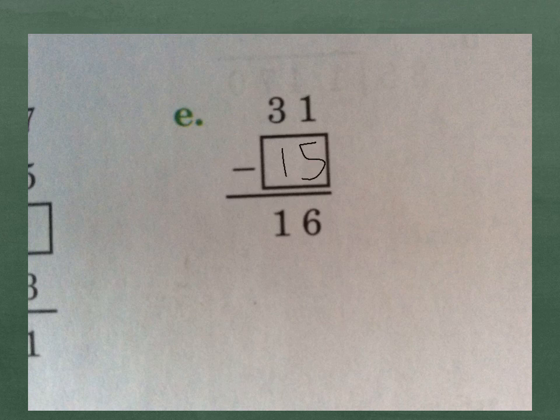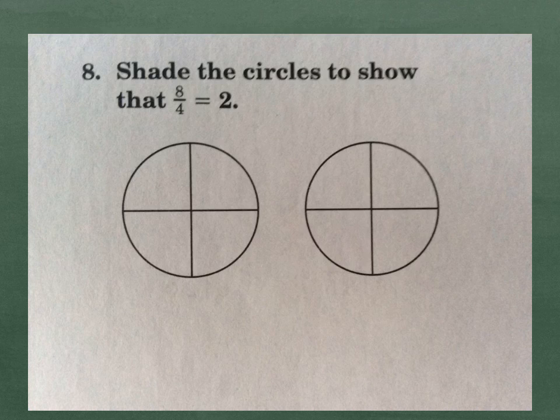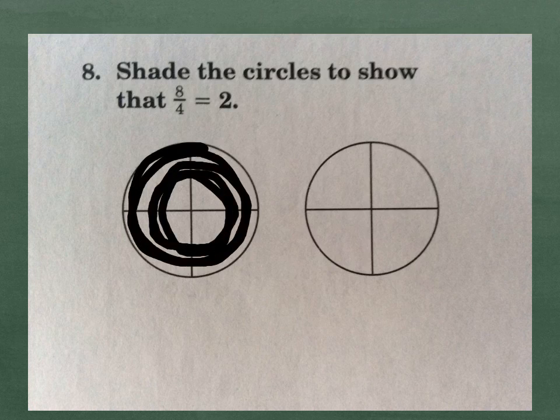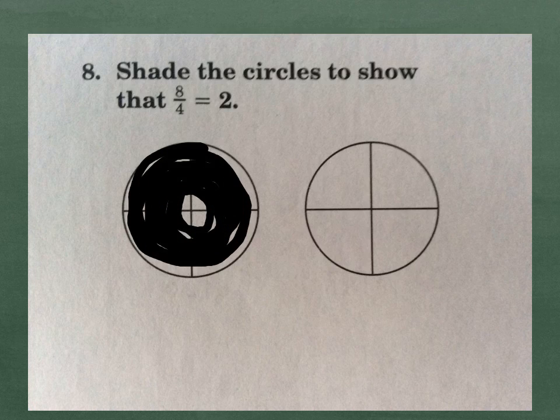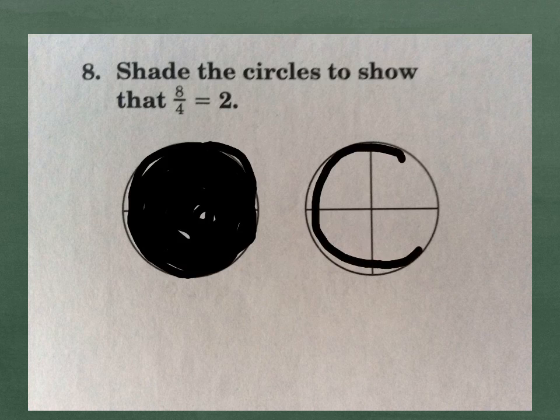For number 8, it tells us to shade the circles to show that 8/4 equals 2. And so all that you need to do is fill in all the circles that we have here. We fill in all 8 parts. So right now I'm filling in 4 of the parts. Trying to stay in the lines. You do a better job than me on your paper, please. And then, so that's 4. Now I got to fill in the other 4 to fill out 8.